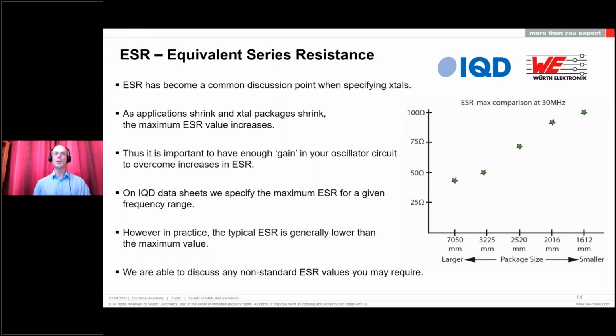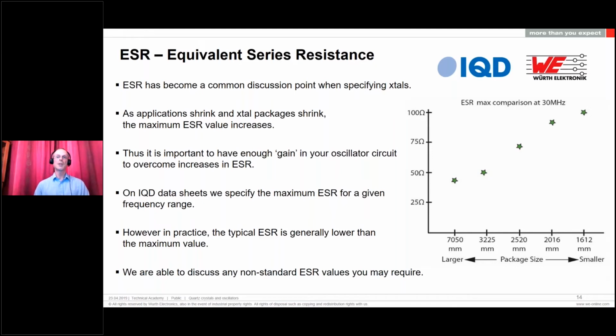The diagram on the right gives you an idea of how the ESR changes for a 30 MHz crystal with different package sizes. On the left, you can see for a 7x5mm package, it's about 40 ohms max. As you shrink the package size to 1612mm, the maximum ESR goes up to 100 ohms.